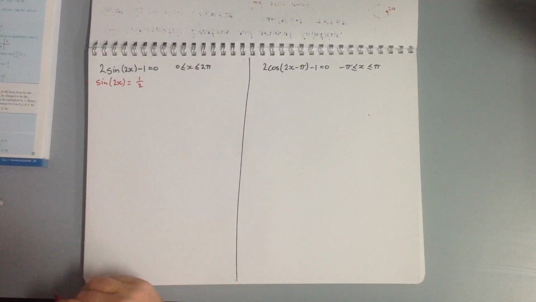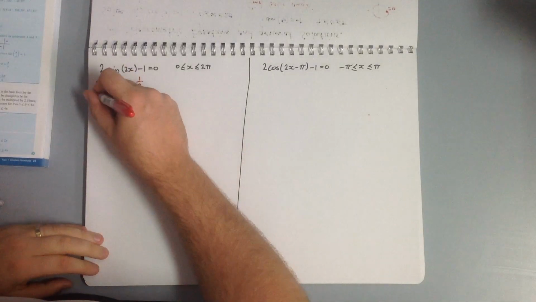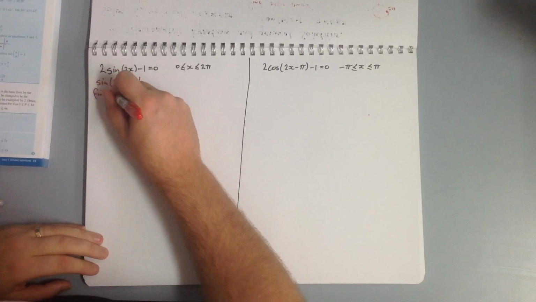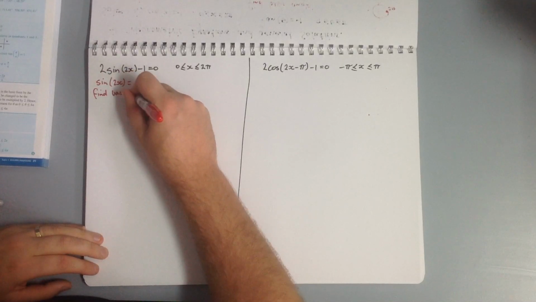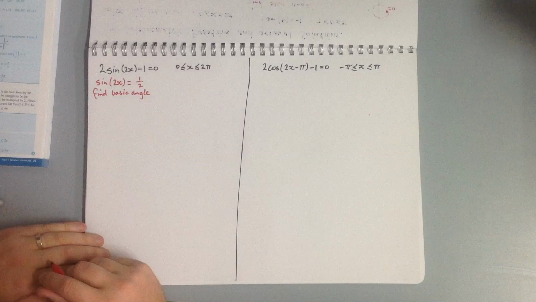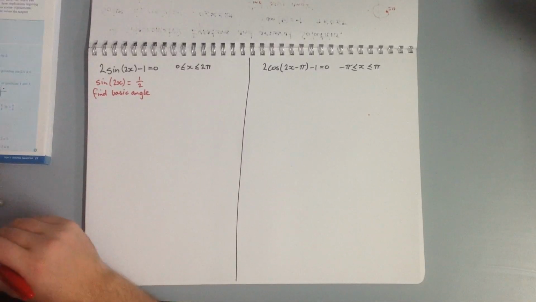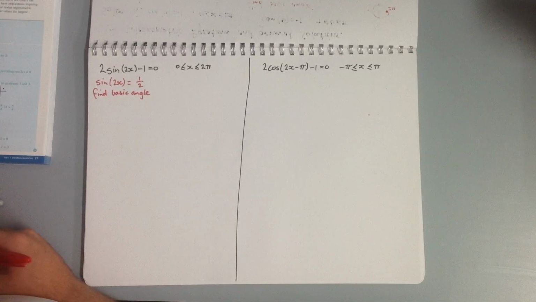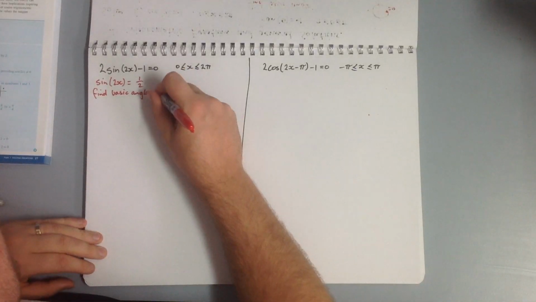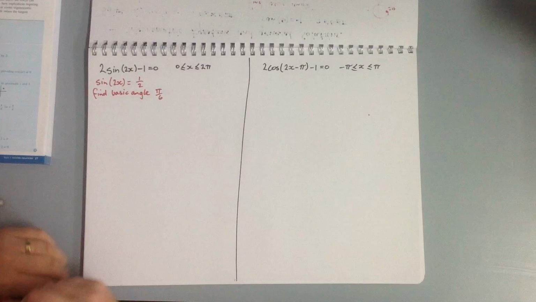The problem that we've got here is our 2, which we'll get to in a minute. But first we find our basic angle. So when does sine actually equal a half? Sine equals a half at pi on 6.